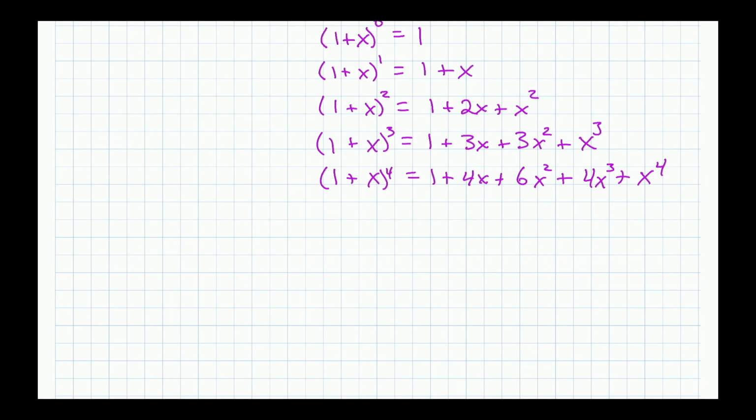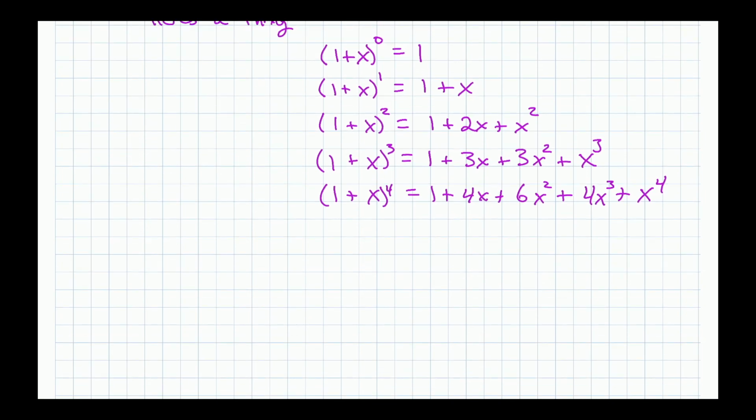Okay, now there's a bunch of numbers here, these coefficients. I'm going to highlight them. There's a coefficient of 1 there that we don't write, and of course that's also a coefficient of 1. Then here you have a 1, a 2, and another 1, a 1, a 3, and a 1, a 1, a 4, a 6, a 4, and a 1 for the coefficients.